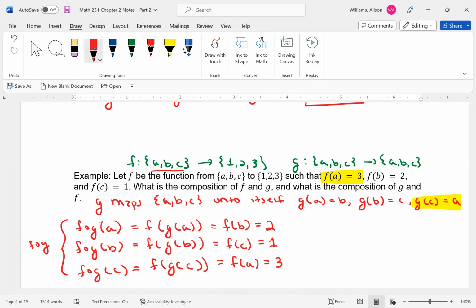Okay, now let's look at G composed of F, the other direction. G composed of F. So that means we start with F first.